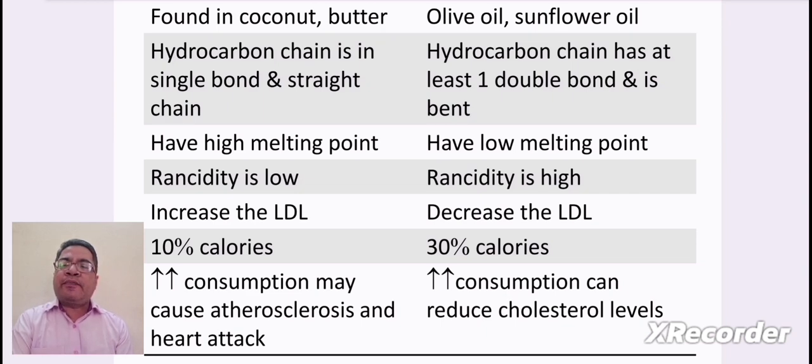Saturated fatty acids should be 10% of calorie intake in food, whereas unsaturated fatty acids can be 30%. Excessive consumption of saturated fatty acids may cause atherosclerosis and heart attack, whereas unsaturated fatty acids can reduce cholesterol levels.